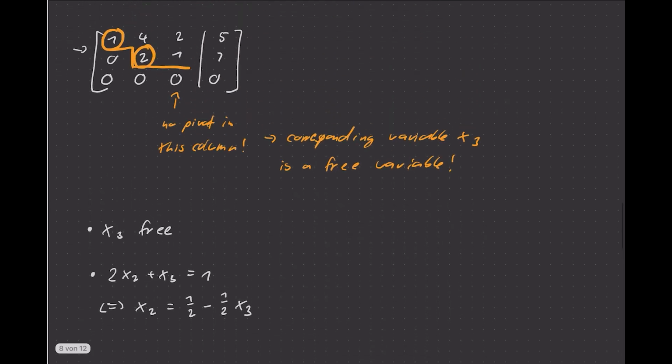And finally, let's go for x1 as well. So we need this first row here. The equation here is x1 plus 4x2 plus 2x3 equals 5. So we get x1 equals 5 minus 4x2 minus 2x3.